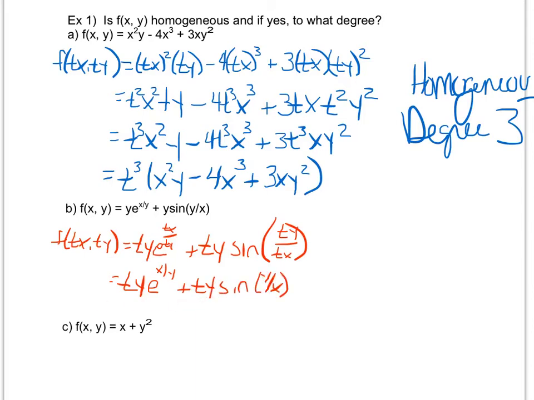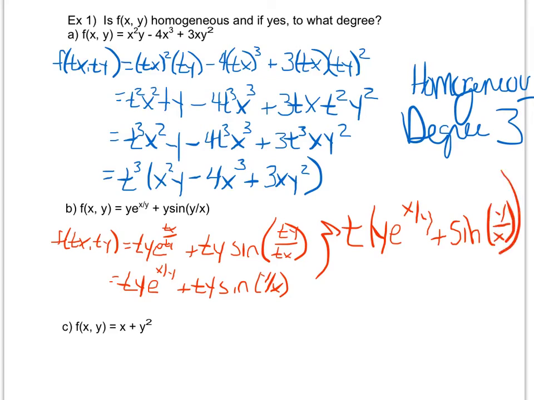Because both of my terms contain a t, I'm going to factor that t out, leaving me with t times y e to the x over y plus sine y over x, closing my outside parenthesis. Notice that inside here I have my original function. Outside I have t to the n being t to the 1. So again, it is homogeneous, and it is degree 1.